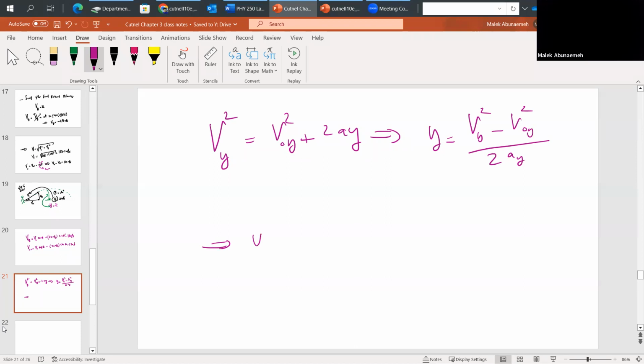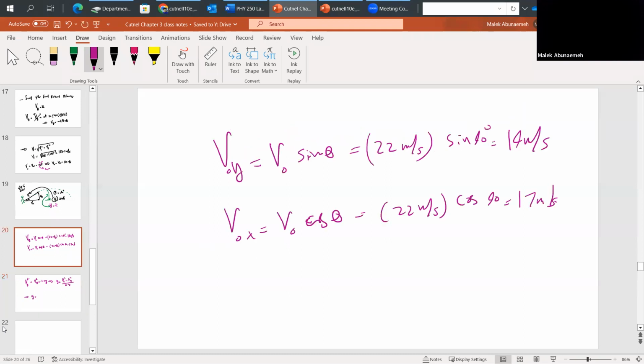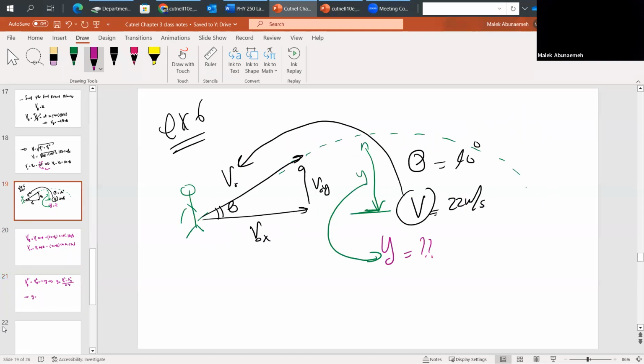Now the final velocity of the package, again, this is the initial velocity coming in, is going to equal 0.